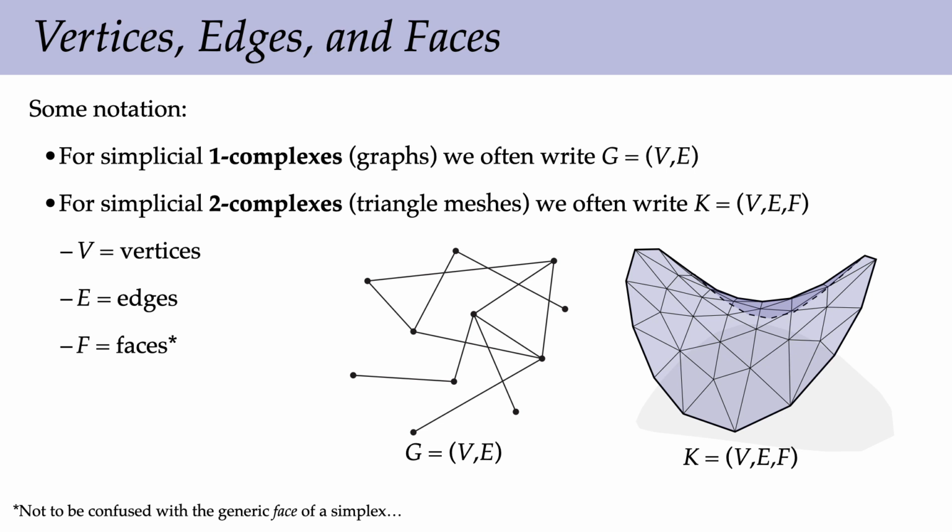Now, this is a little bit confusing because we have this other notion of a face. Generically, a face of any simplex is a simplex made by a subset of the vertices of that simplex. That's not what we mean here. So when we're talking about a 2-complex, a face is always going to mean a top degree face, a triangle. By the way, why do we write this as K? Well, in German, complex is spelled with a K.